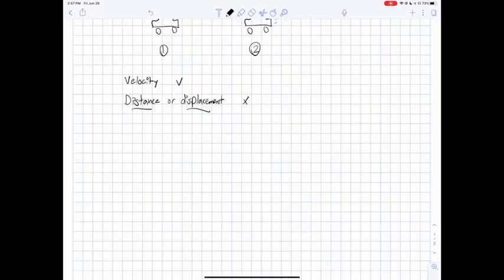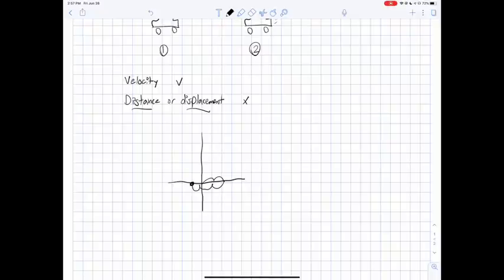So like if I tell you, hey, I'm in this coordinate plane and I take 2 steps to the right and then 3 steps to the left, I end up over here.